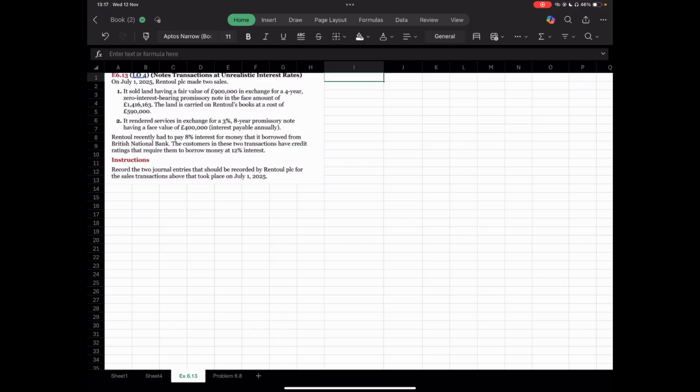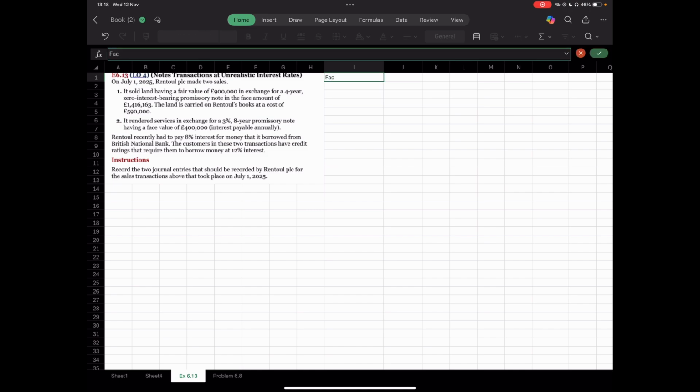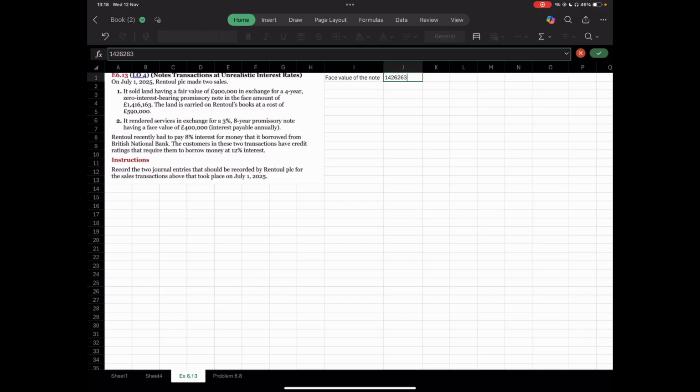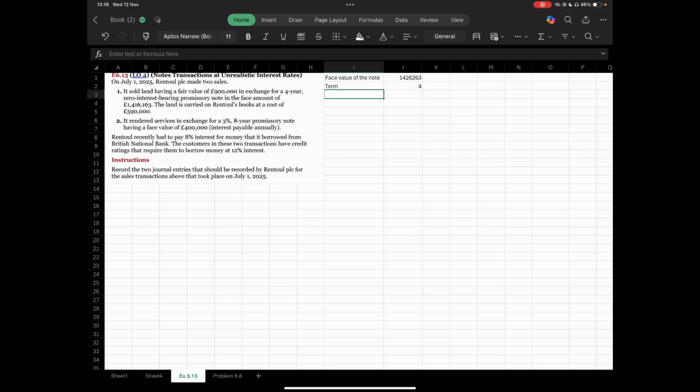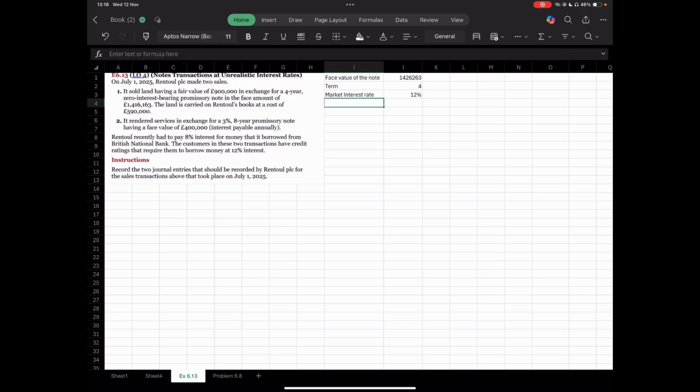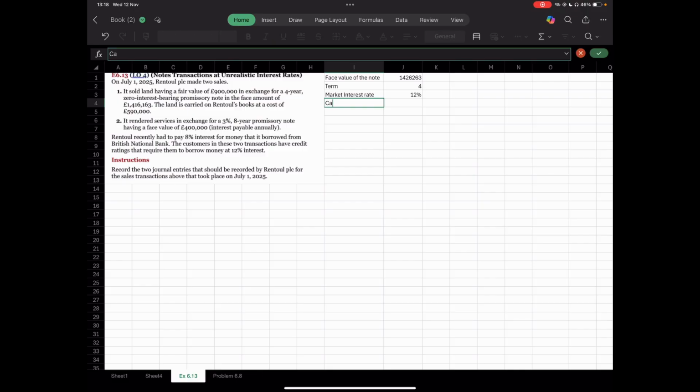So firstly, we need to identify the key information. Face value of the note. Carrying cost of Rental.